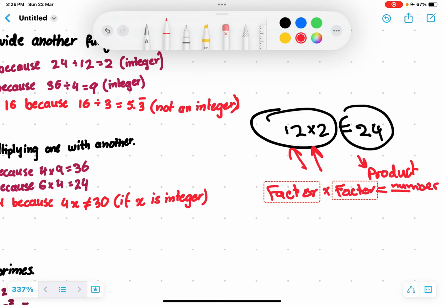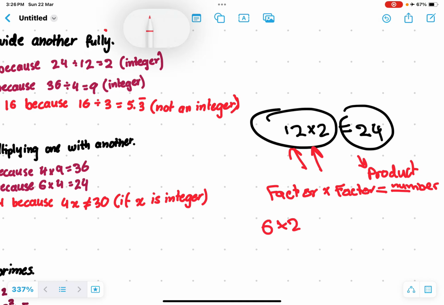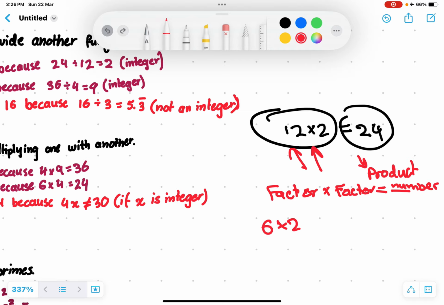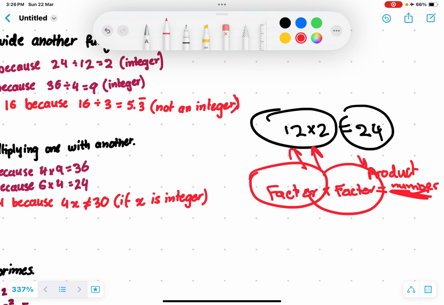Now, I'm not saying that you multiply 6 times 2 because they're both factors of 24. I'm just saying you multiply it sensibly, obviously, in a way so that you get that number. So when you get that number, that means that this and this are factors of that number, and also this number is going to be a multiple of these two factors.